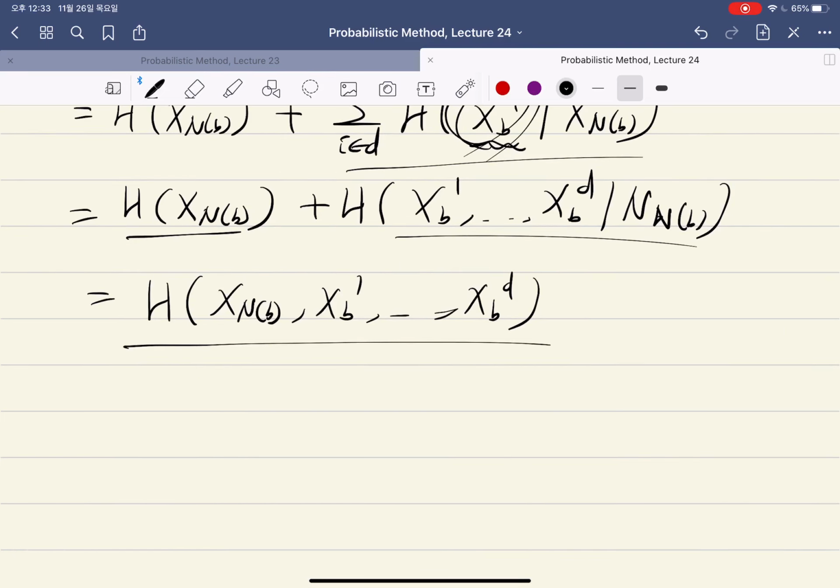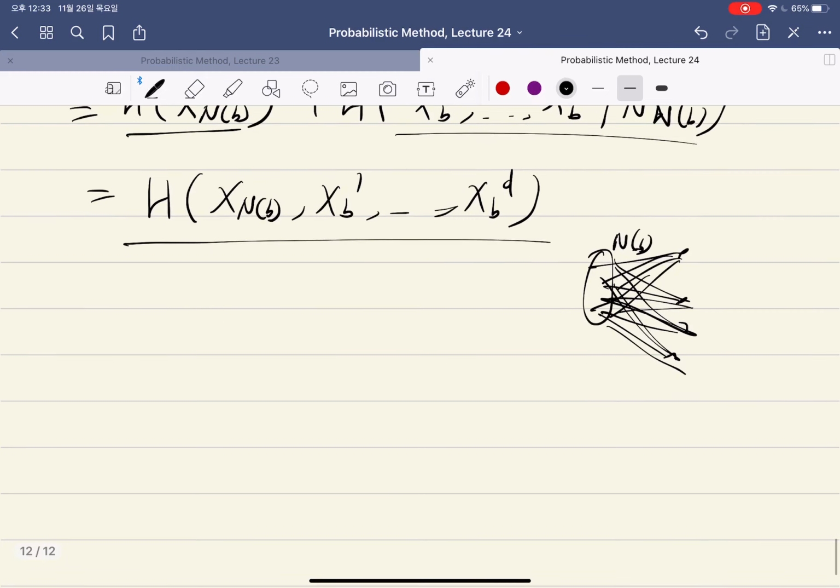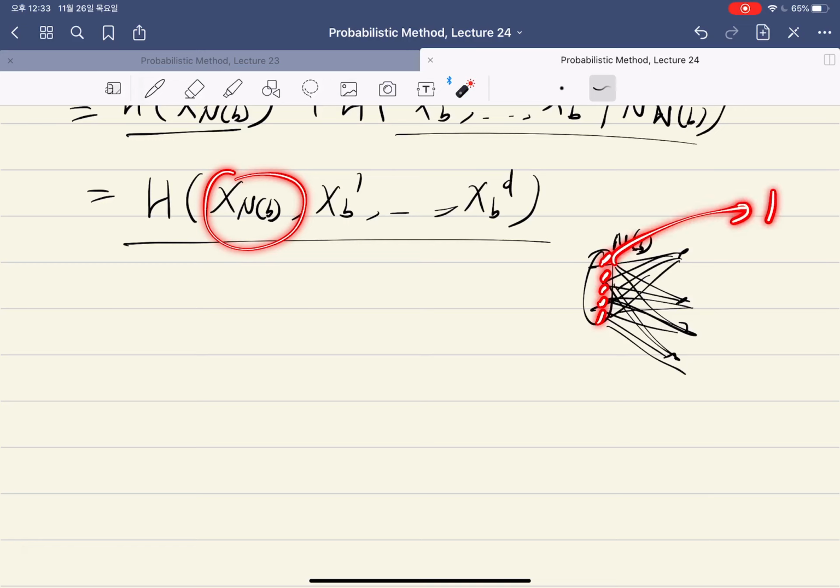But what is this? You have N(B), D vertices, and B is adjacent, B is adjacent, B is adjacent. And this indicates which of these vertices map to H, how they map to the vertices in H.